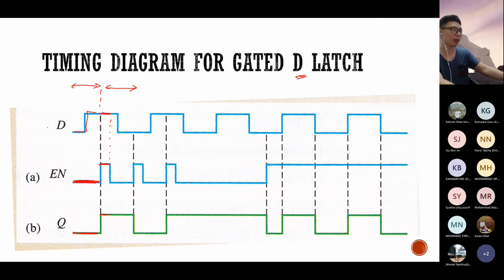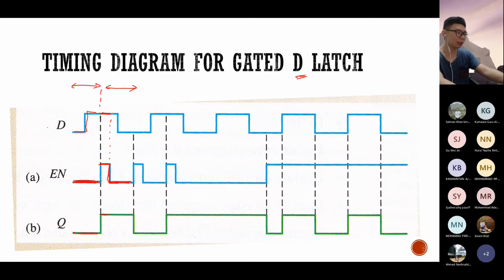And right now, let's say you decide to shut down this enable. Now you make it 0, but you don't change this. You make this a 0, which means that you turn off the latch. Because you turn off the latch, it is no longer functioning.